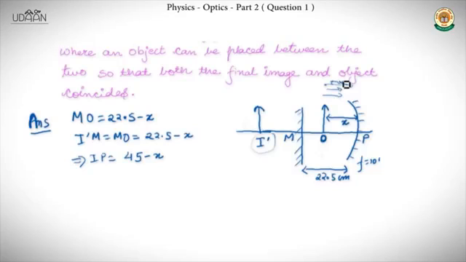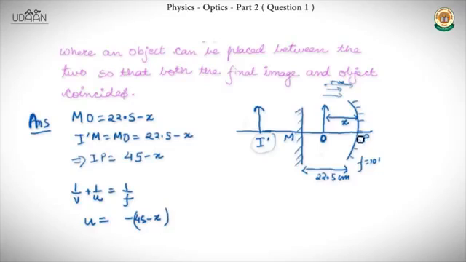So now we apply 1 by v plus 1 by u equals 1 by f. Now here u is the distance of the intermediate image from the concave mirror, and so u will be equal to minus (45 minus x).